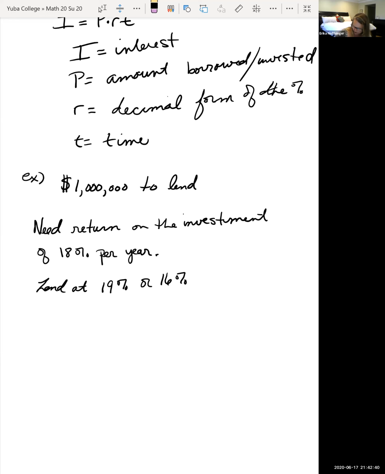And our question is, how much can she lend at 16% and still meet the requirement?